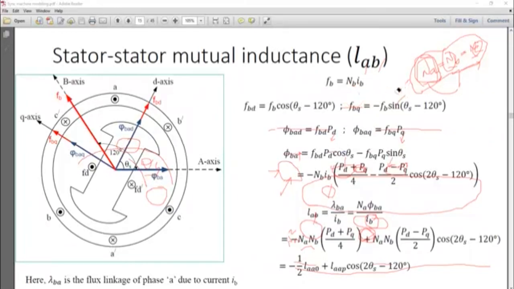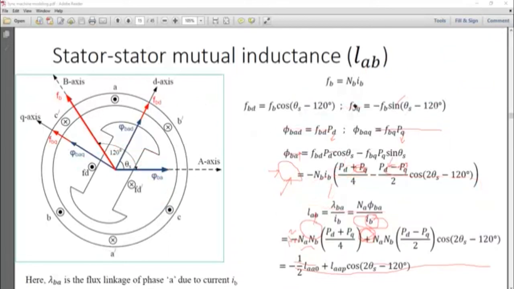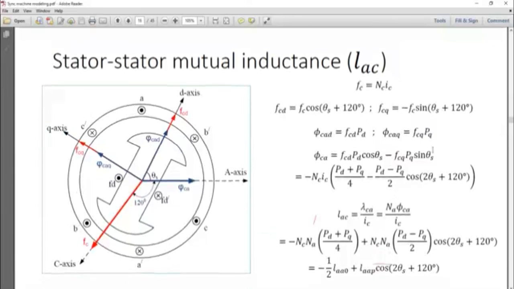Let's move forward. Can you calculate LAC? Let's see whether I have calculated it or not. In the next slide, what is waiting for us? LAA done, AB done. What about LAC? Probably, okay, I have done it. So just go through it, and if you have any confusion, we can discuss it later on.